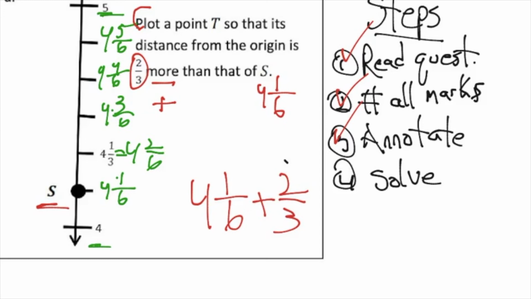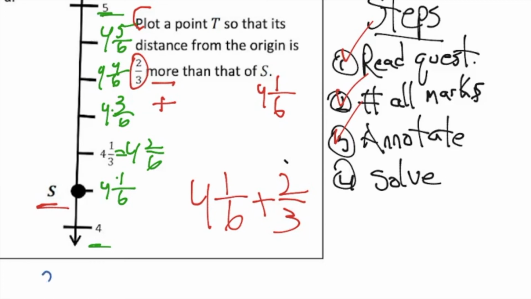2/3. Now we remember we cannot add fractions that have different denominators. We have to find an equivalent fraction so that we have common denominators. So how can I change 2/3 to have the denominator of 6?